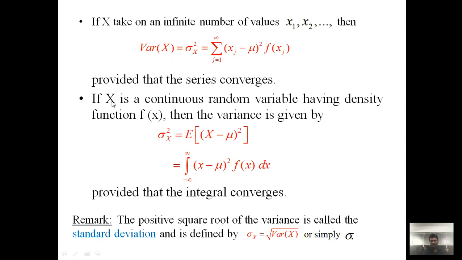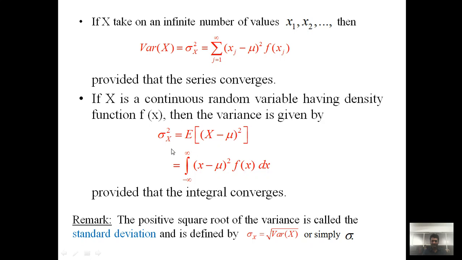Next, if capital X is a continuous random variable having density function f of x, then the variance is given by sigma x square equal to E of (x minus mu) whole square.